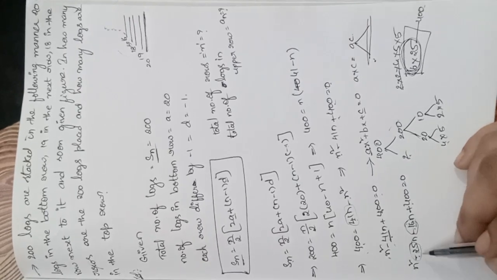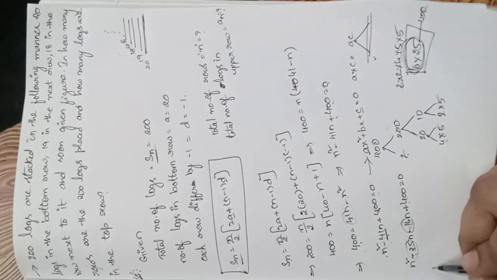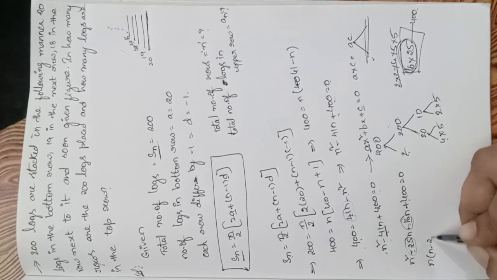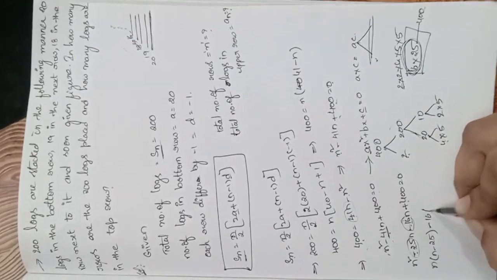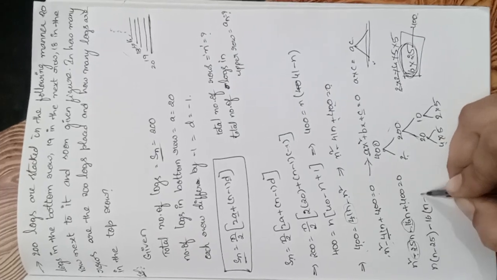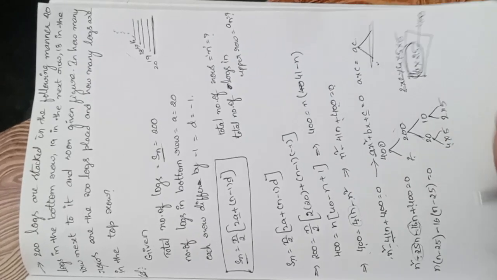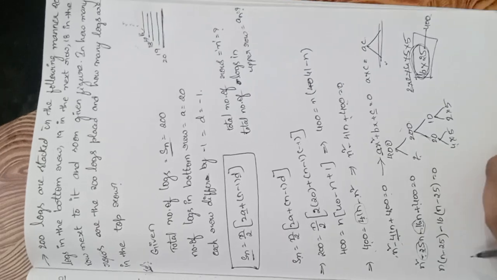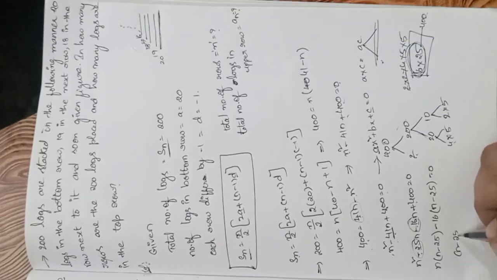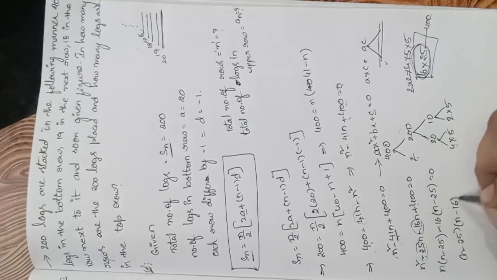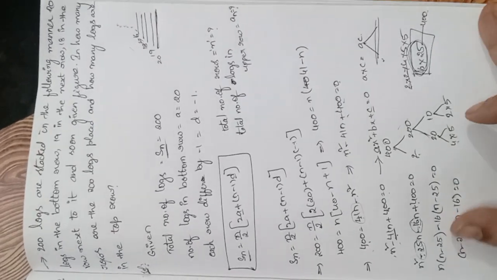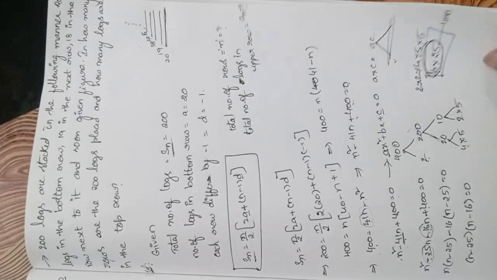Now, from the first two terms, we can take n common. So, n into n minus 25. And from the next two terms, we take minus 16 common, and again we get n minus 25 equals 0. In both you have n minus 25 common, into n minus 16 left, equal to 0, right? So from this we can find the value for n.